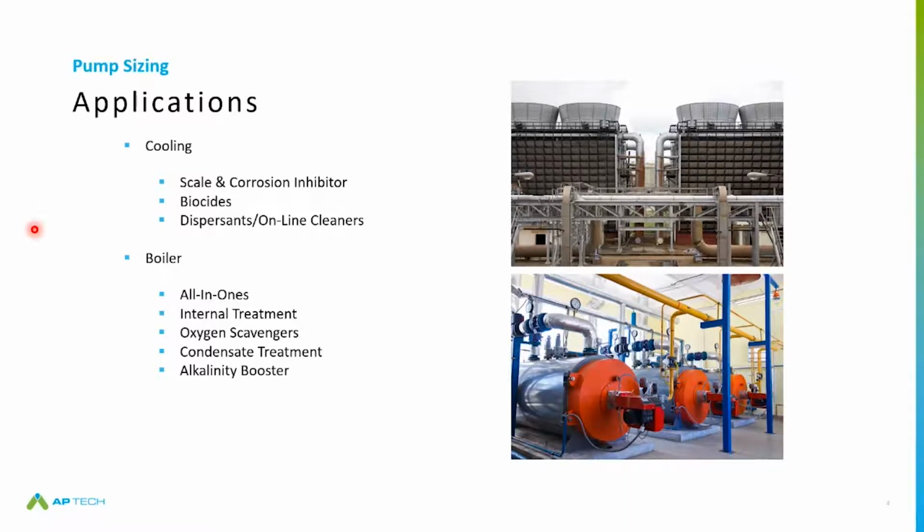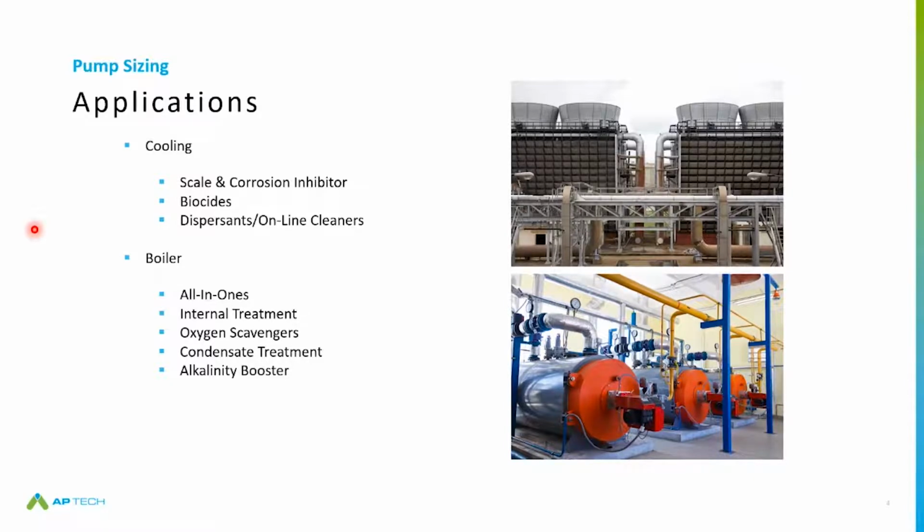All those chemistries are going to be different in their compositions, what type of product is going inside of them. Specifically, all-in-ones are going to have some alkalinity boosters, so caustics. They're going to have sulfites in there, and amines, so volatile compounds.